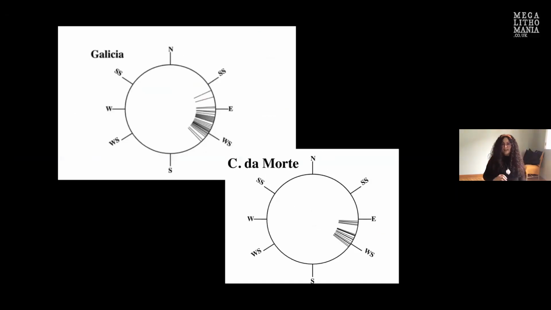And here are the actual orientations of our dolmens within Costa da Morte, and you can see they mirror, of course, the overall orientations of all the dolmens within Galicia. What we found when we were applying our assessments was there are actually 3 clusters of orientations.